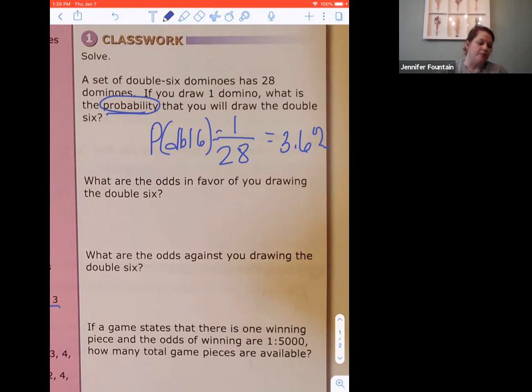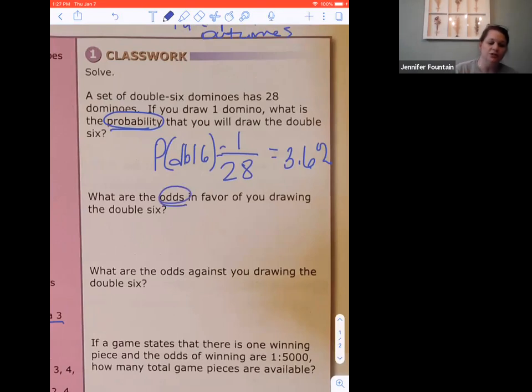All righty. So now we're shifting and we're talking about the odds in favor. We just looked at the probability of drawing the double six. Now it says, what are the odds in favor of you drawing the double six? So the difference here is I'm now moving to talking about odds. With odds, I'm looking at my chance that it could happen. That's going to be my numerator.